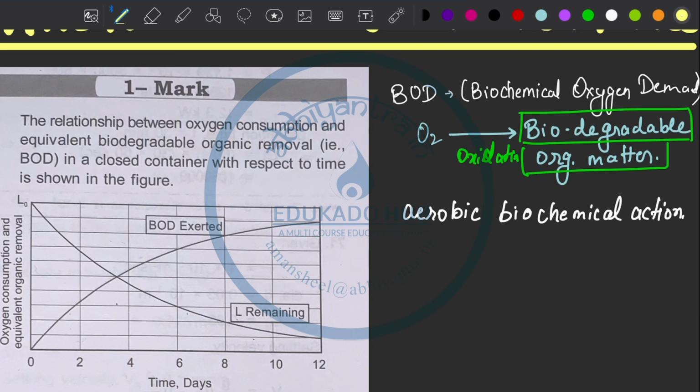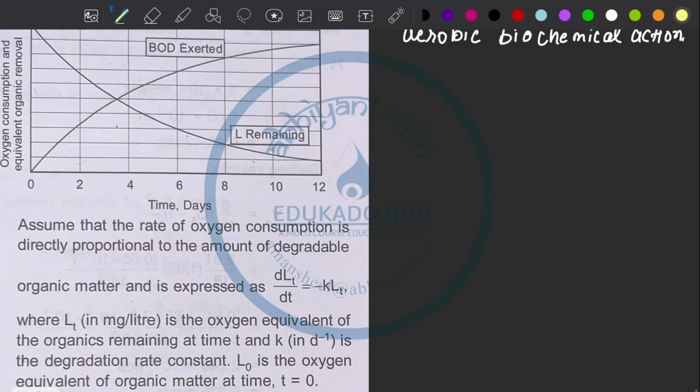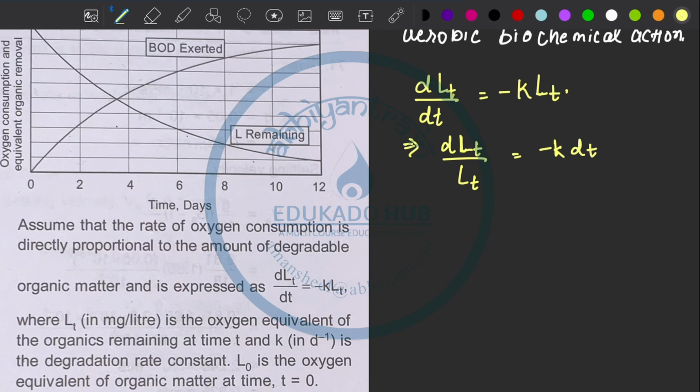For us, it is given that dLt/dt is equal to minus kLt, right? This is given. What I can do from here is dLt/Lt is equal to minus k dt, right?